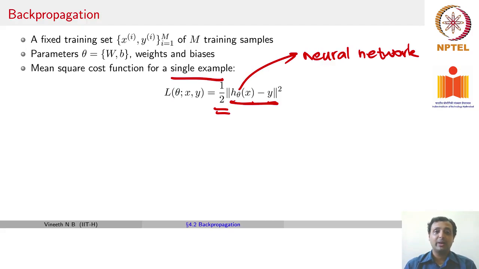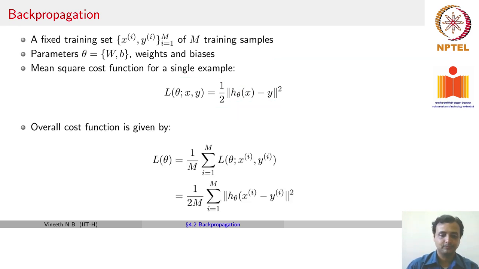But the reason why it doesn't matter is because we are interested in the theta that minimizes the loss function and not the loss function value itself. So whether we minimize half of the loss function or the full loss function, it's the same theta that will give you the minimum in both these cases. And so it doesn't matter to us, and we introduce that purely for mathematical simplicity.